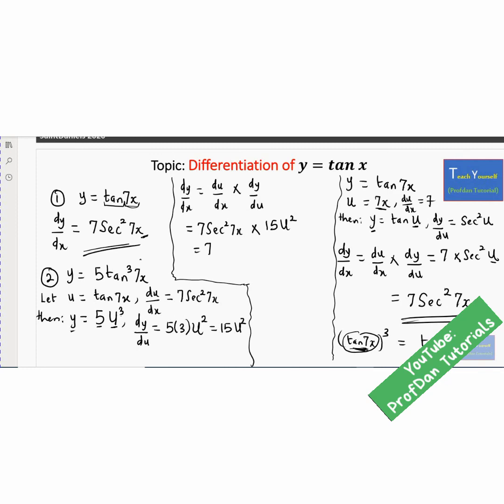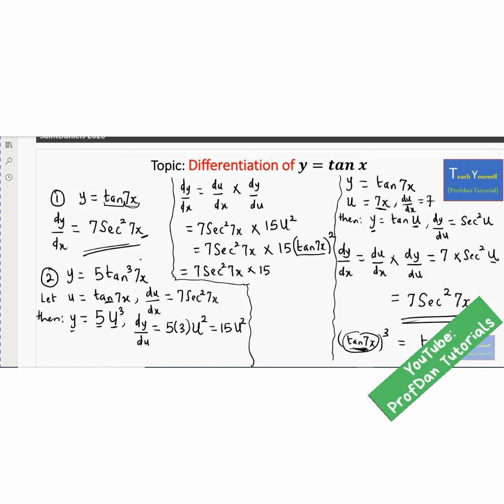That leaves you with 7 sec squared 7x multiplied by 15. u is tan 7x, so tan 7x all squared, and you can simplify further to have 7 sec squared 7x multiplying 15.